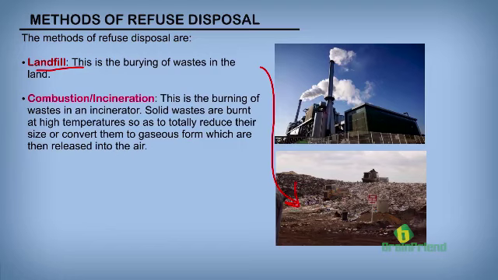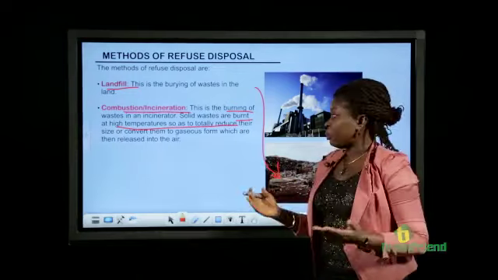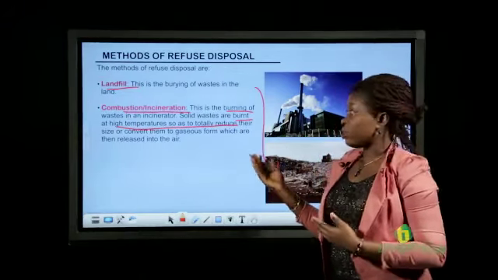Two, combustion or incineration. This is the burning of waste in an incinerator. Most times, this method is used for disposing of solid wastes. So solid wastes are burnt at high temperatures to totally reduce their size or convert them to gaseous form that are now released into the air.